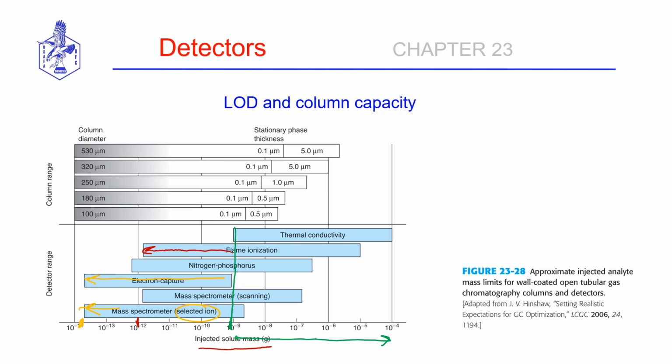So the decision as to which capillary column you're using has to go hand in hand with which detector you're using, because this is going to dictate the quantity of the analyte species coming through, and the detectors are limited by their limits of detection.